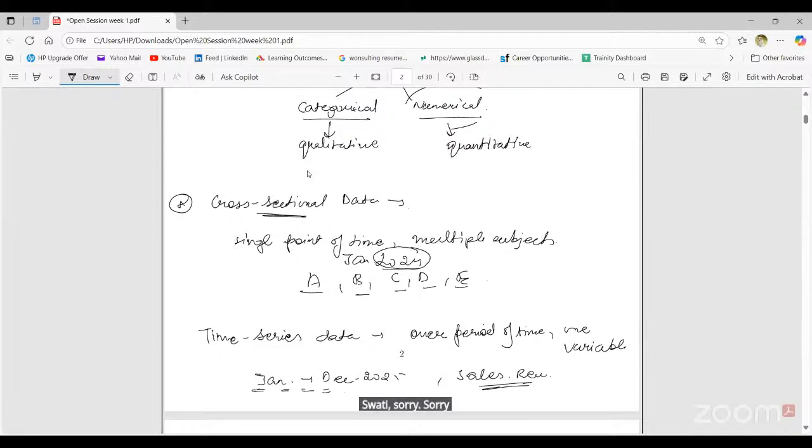I have a doubt related to time series data, but you said data structures, right?